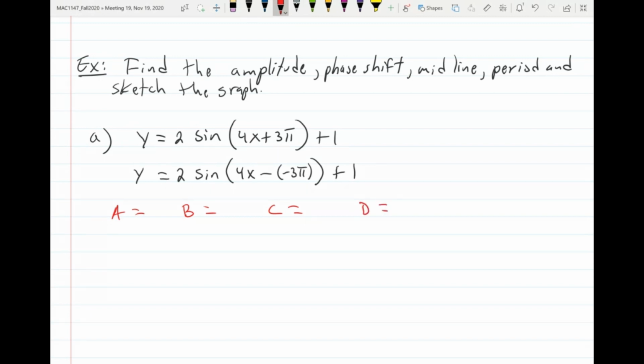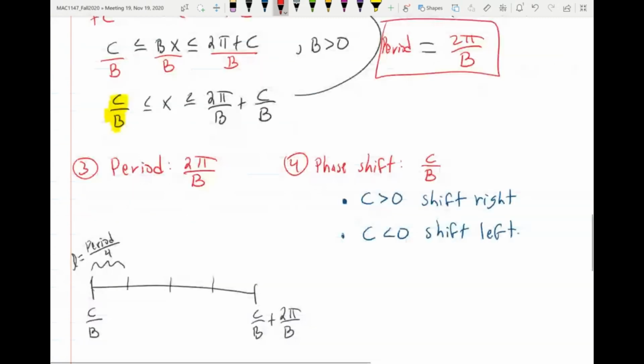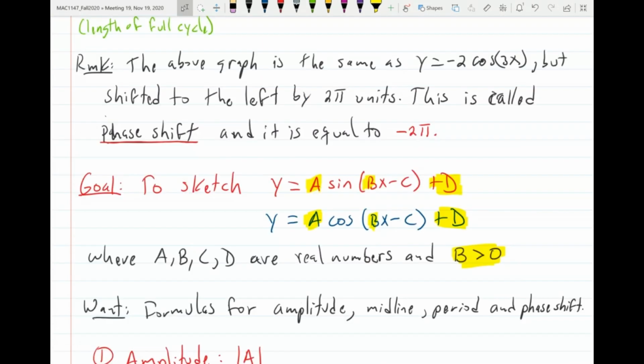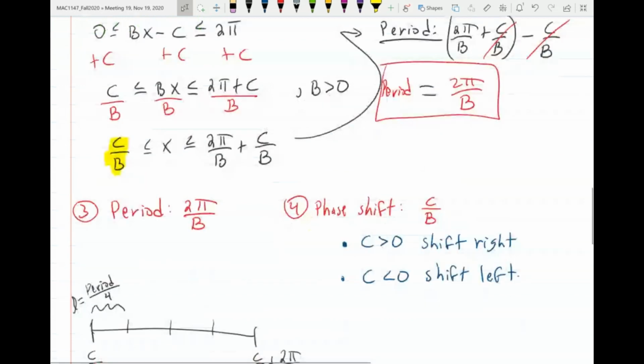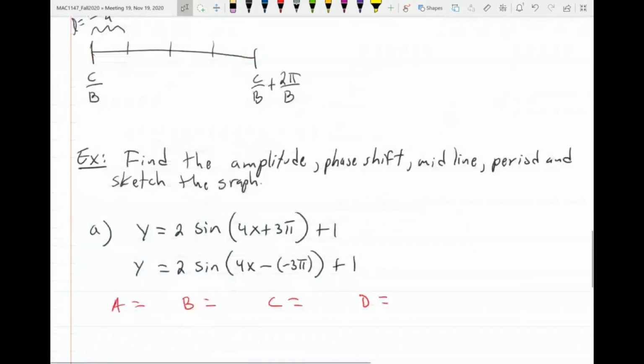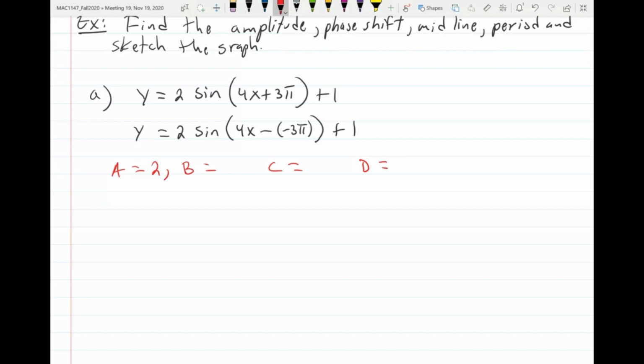All right, and D. What's A, B, C, and D? So what's the value of a for this function? What I'm asking is, thinking about this general form that we have up here. So the value of a is 2. What's the value of b? So b is 4.